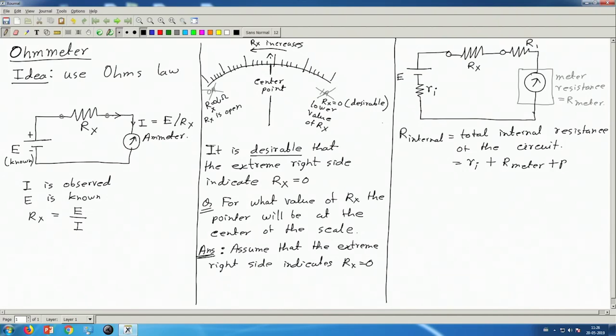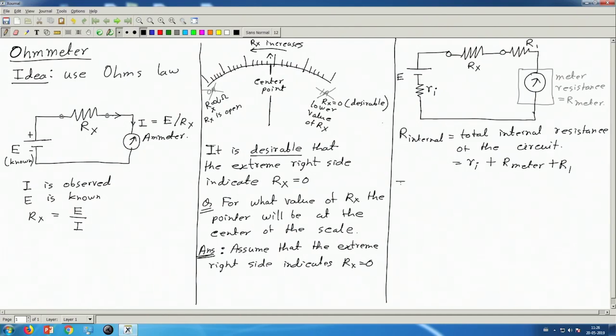All this together is the total internal resistance of this circuit.